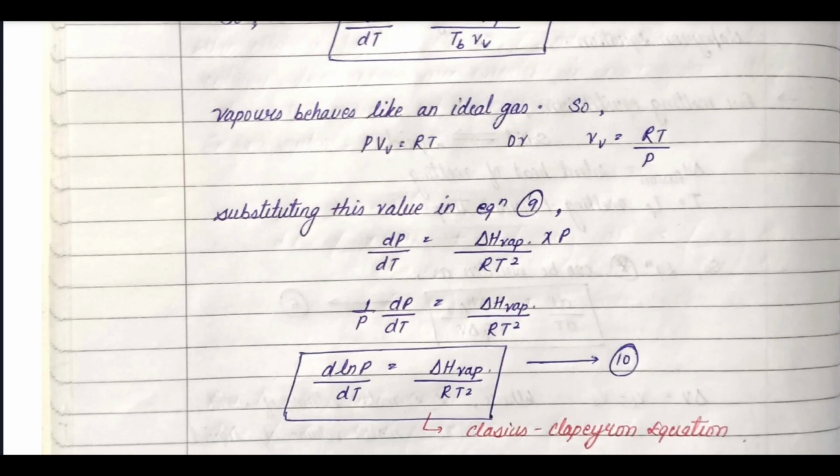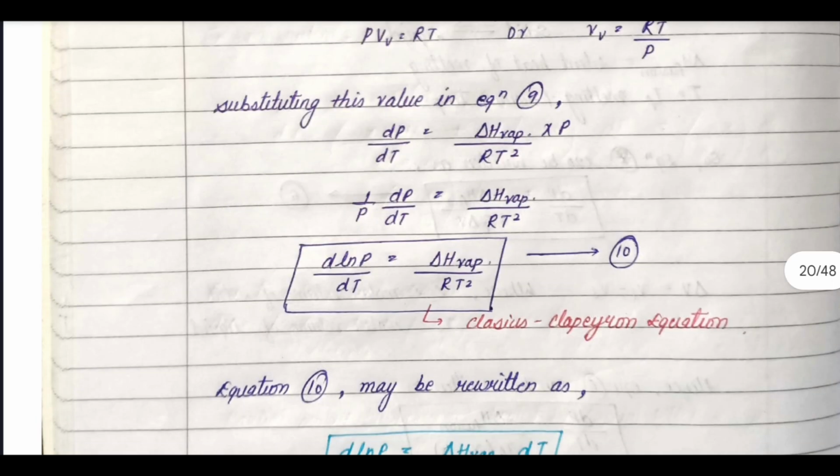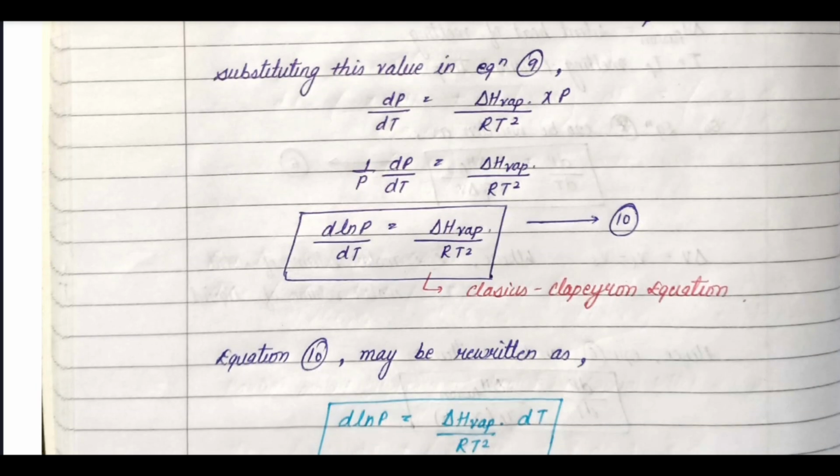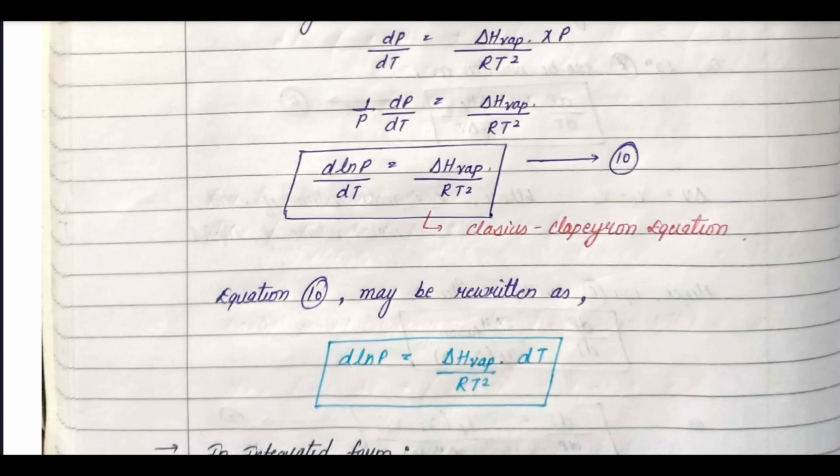Vapor behaves like an ideal gas, so P into Vv equal to RT or Vv equal to RT by P. Substituting this value in equation 9, dP by dT is equal to delta H vaporization by RT square into P. 1 by P into dP by dT is equal to delta H vaporization by RT square.